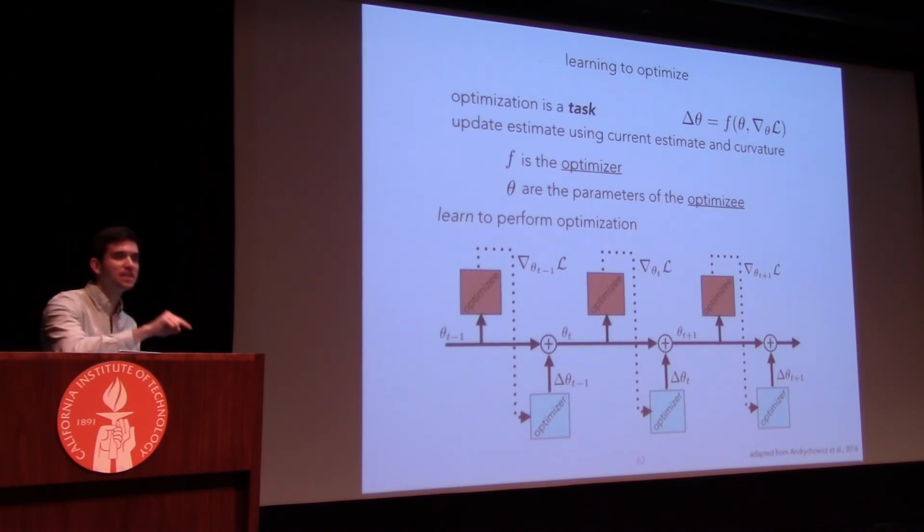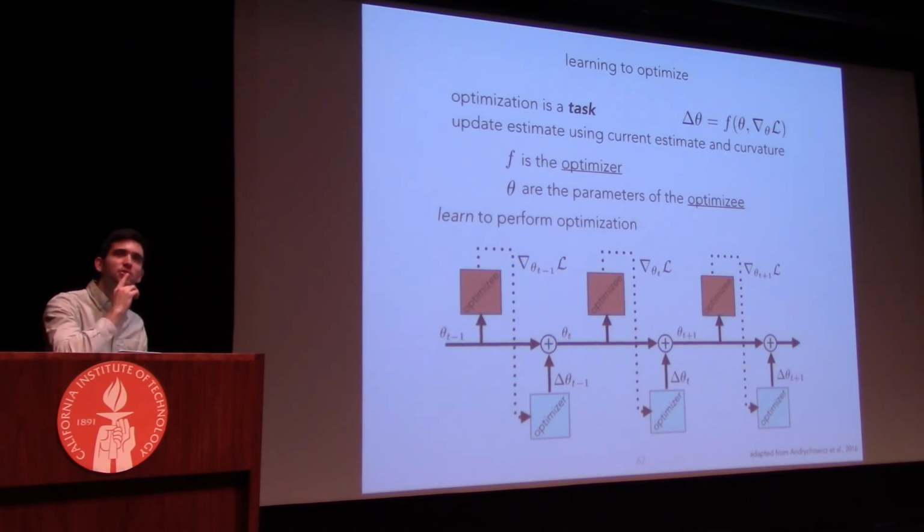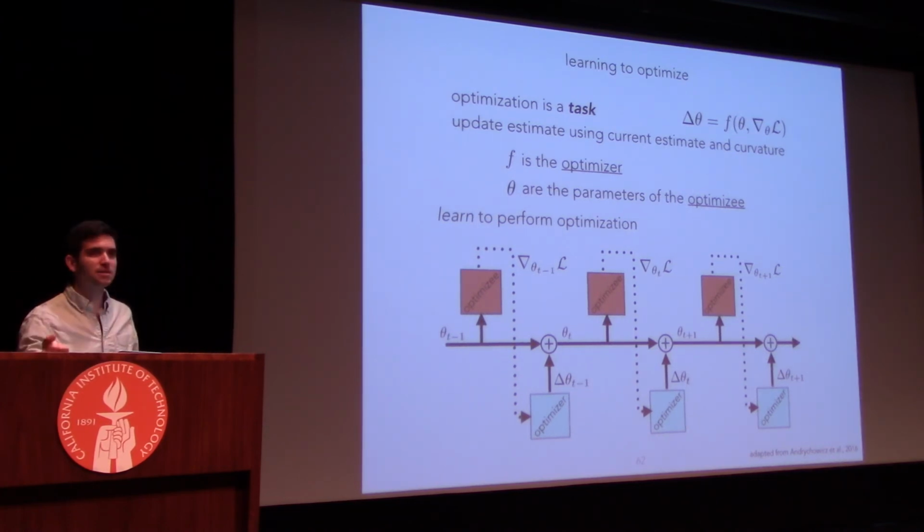You could train an optimizer specifically for training on some classes of images, for instance, and then apply that optimizer directly to a model that's trying to learn other classes of images. And you can actually change the network architecture and it'll still perform the optimization for you.